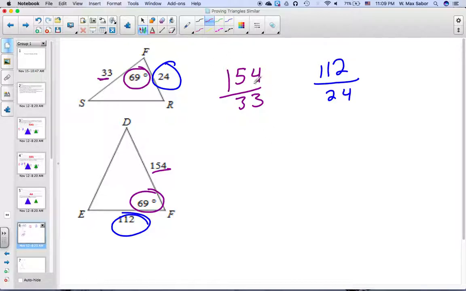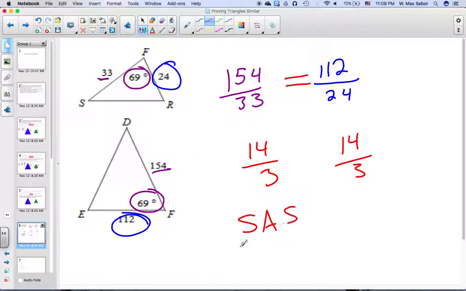You can type both of these into a calculator, and you're going to get 14/3 there, and yeah, 14/3. So because these are the same, then we have side, angle, side.